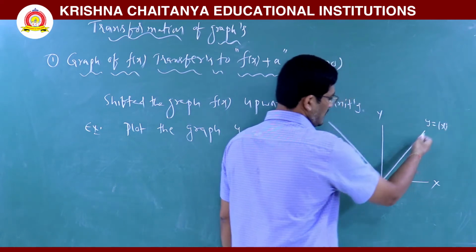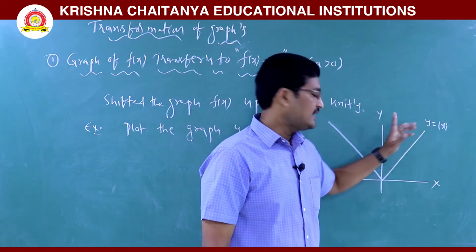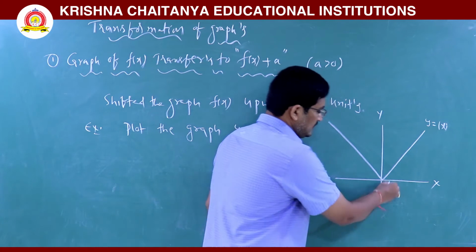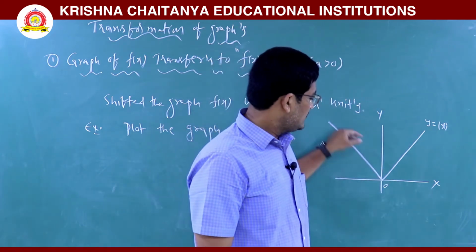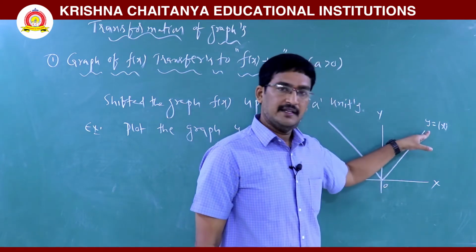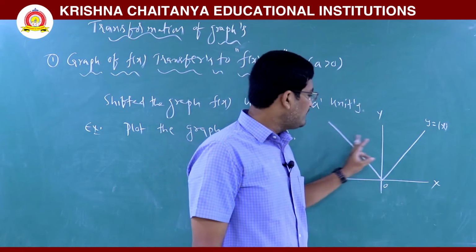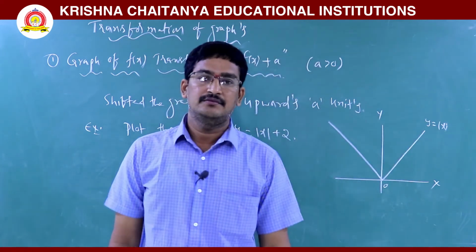This curve is in the shape of V. It passes through the origin, and it has a sharp edge at the origin. As x is positive, this is the y equal to x line. As x is negative, this is the y equal to minus x line. The combined equation of these two is y equal to mod x. That is the mod x curve.